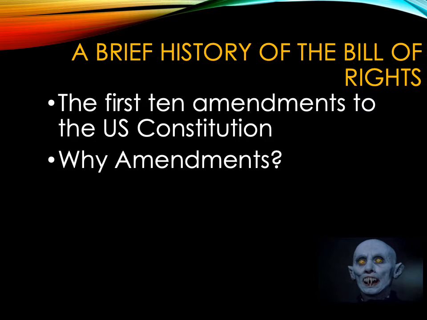One of his favorite quotes is, "For why declare that things shall not be done, which there is no power to do?" So why do you have to tell Congress that they can't pass laws abridging your freedom of speech when there's nothing in the Constitution that gives the national government that power? There was a real thought that we didn't need to tell government what they couldn't do because they weren't granted that power to begin with.